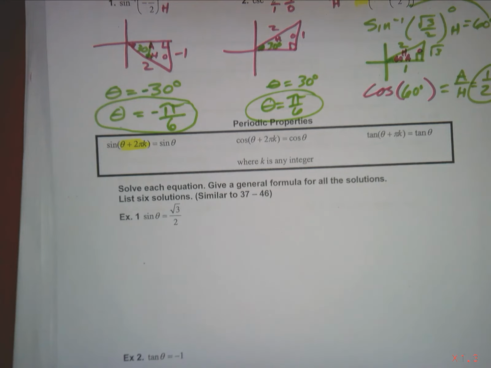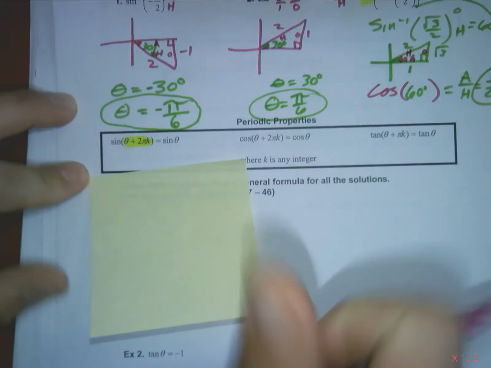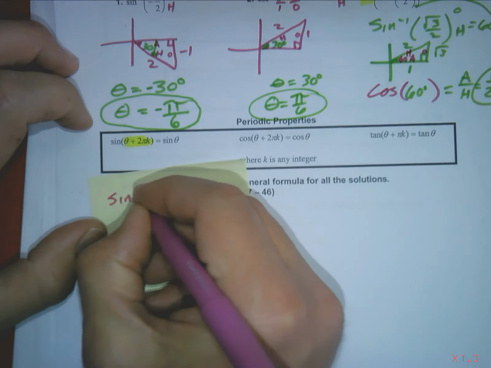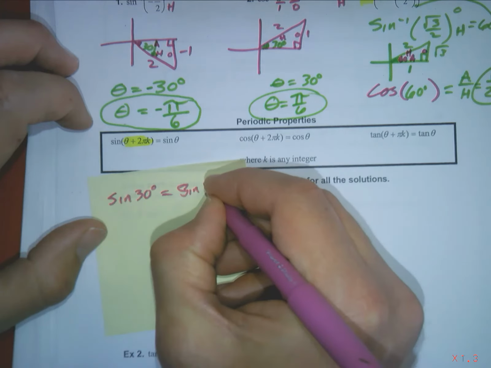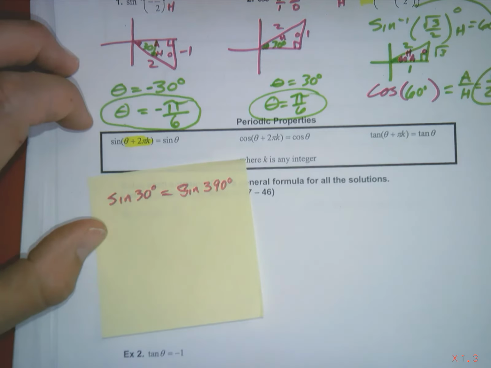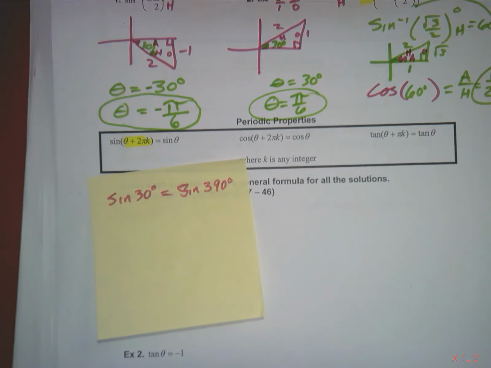Basically what this is stating, guys, I'm going to take a little sticky note here so you can visualize. They're just saying the sine of 30 degrees is the same thing as the sine of 390, because 30 and 390 are 360 away from each other. That's one full revolution.